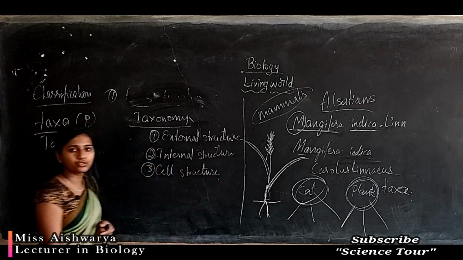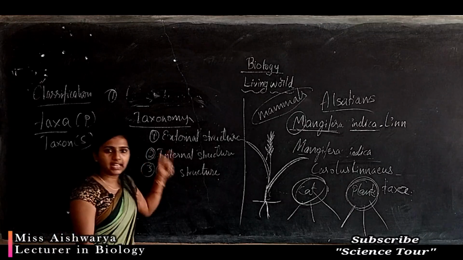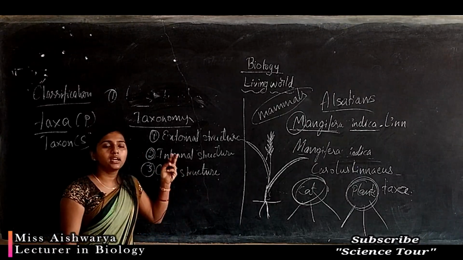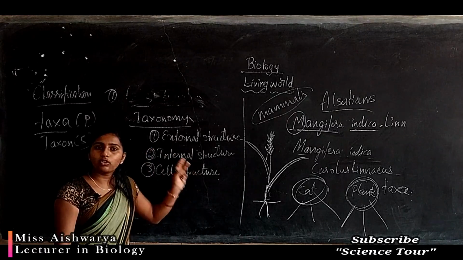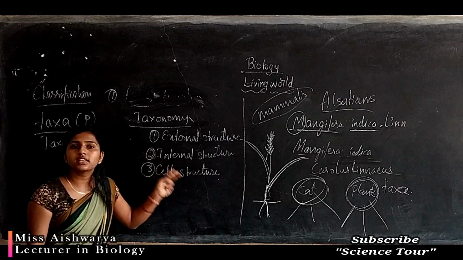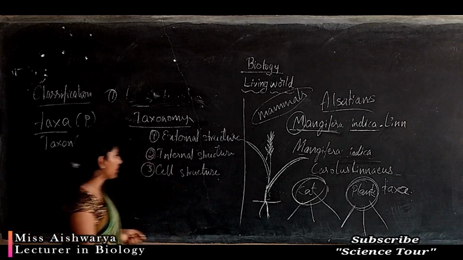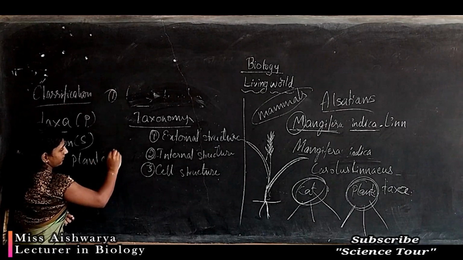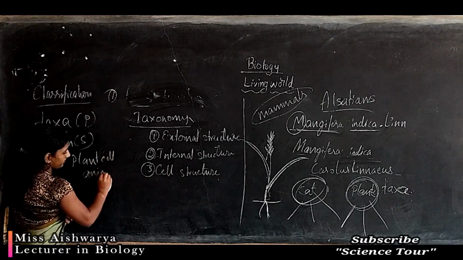Cell structure is also very important for the classification process, because you can differentiate two types of cells. Usually prokaryotic and eukaryotic cells. Under eukaryotic cells you can see further two types, that is plant cell and animal cell.